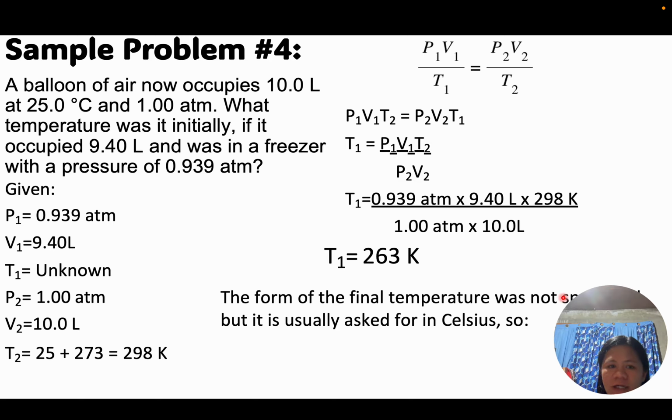So, T1, no? 263, no? So, ang mangyayari, minus 273, diba? Kasi, it is in Celsius natin siya. We'll get negative 10 degree Celsius. Okay? So, ganun lang siya. Though hindi siya masyadong madali, but it needs your understanding, no? Kasi merong mga questions na crucial minsan.